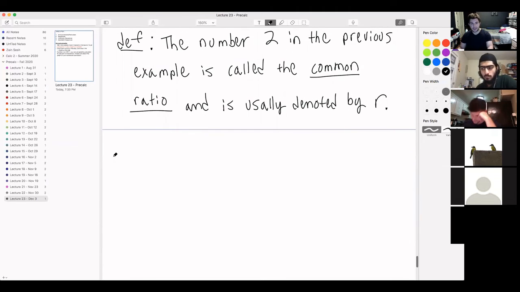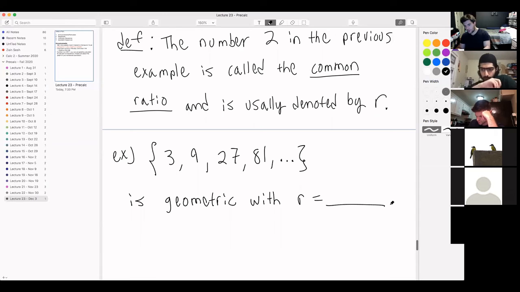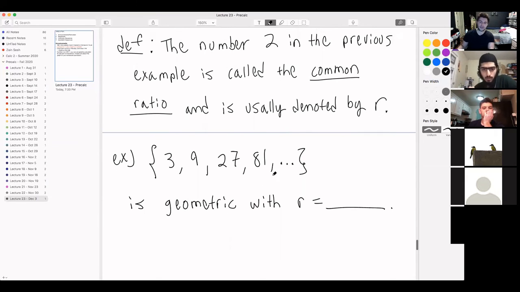Okay, so example again. How about this guy? 3, 9, 27, 81, dot, dot, dot. This is geometric with R equals what? So would someone like to tell me what's the common ratio here?